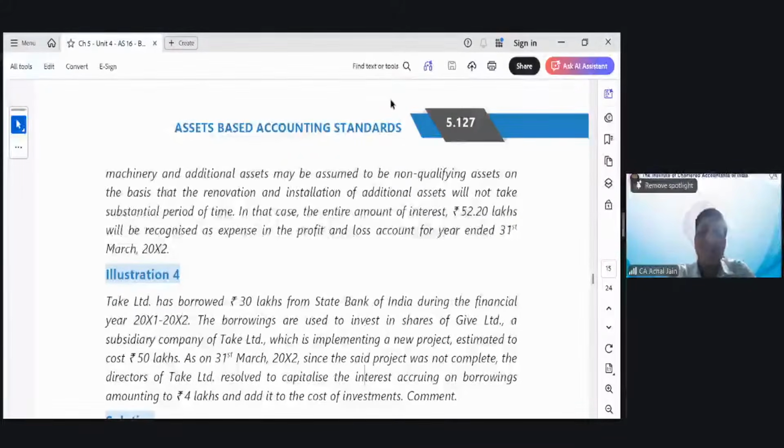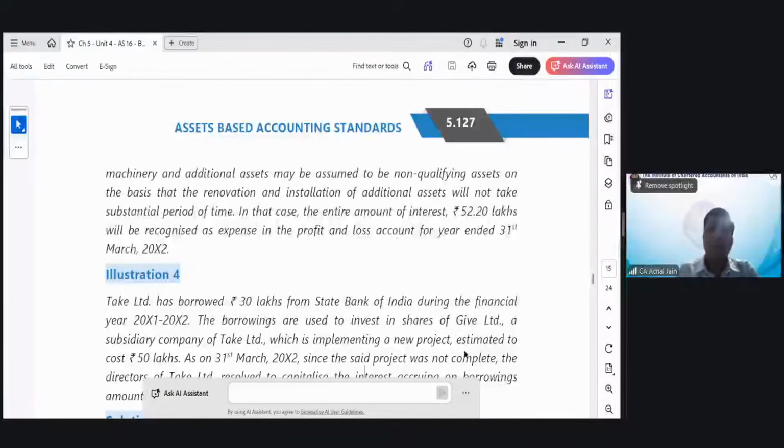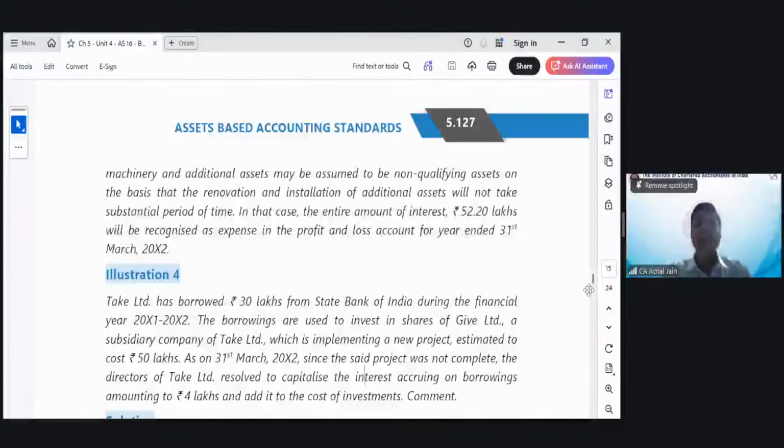You want to discuss this? What about others? What should be the accounting treatment? Quickly, everyone. How would you deal with this?